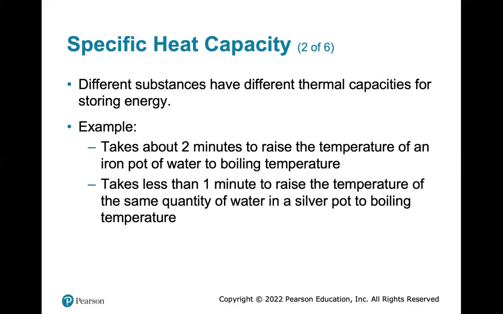So that gives you an idea of why it takes 2 minutes to raise the temperature in an iron pot of water as opposed to a silver pot, because the silver has a lower specific heat, so it'll warm up quicker and warm up the water more quickly.